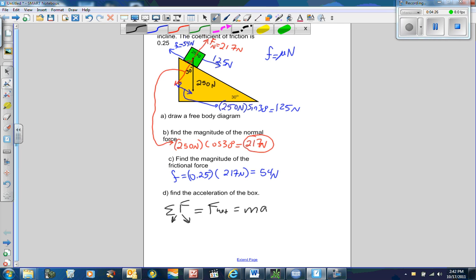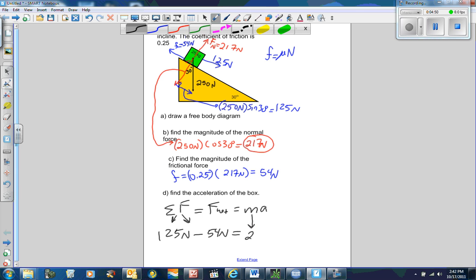So the sum of the forces, well, that's the one, and I always make friction negative, so 125 newtons minus 54 newtons, that's friction, equals net force. I can subtract those two and get net force, but I haven't done 125 minus 54 yet.